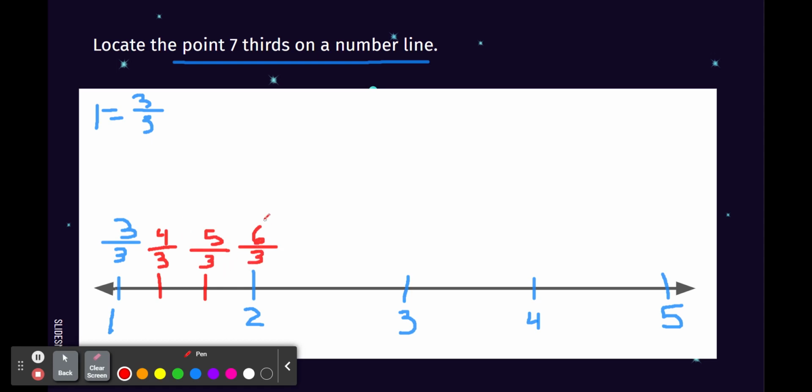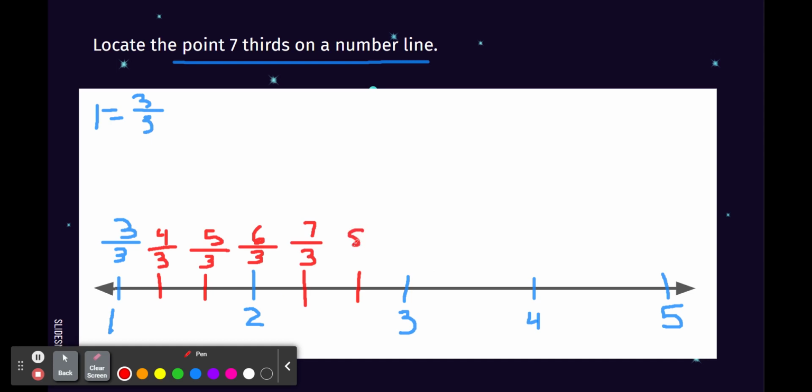Okay, so I know that 6/3 is going to be at 2. So let's partition our space in between 2 and 3 into 3 equal parts. There's 1 and there's 2. Three equal parts, right? Now let's label our tick marks. So 2 is 6/3, which means the next part is going to be 7/3.